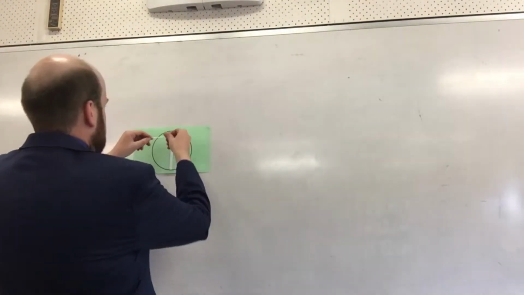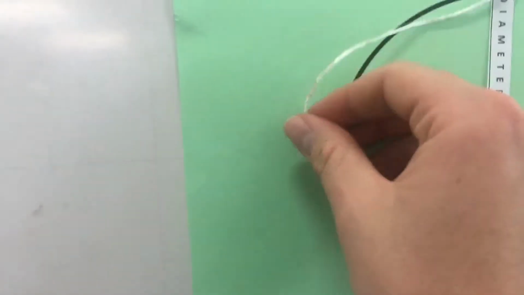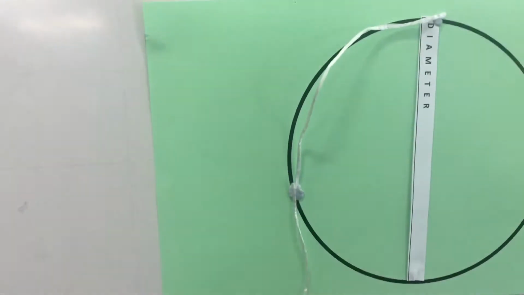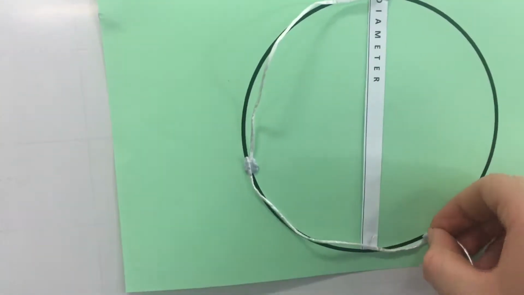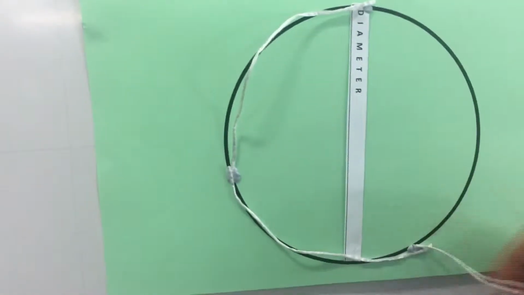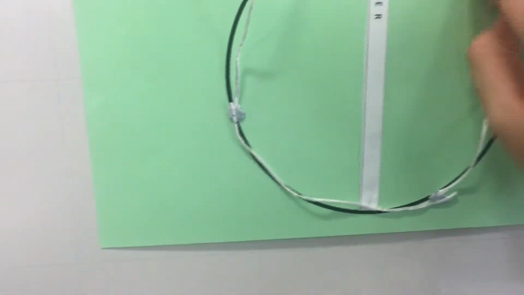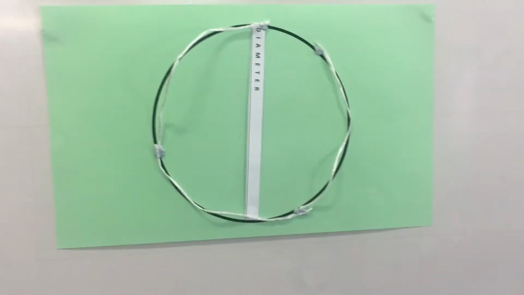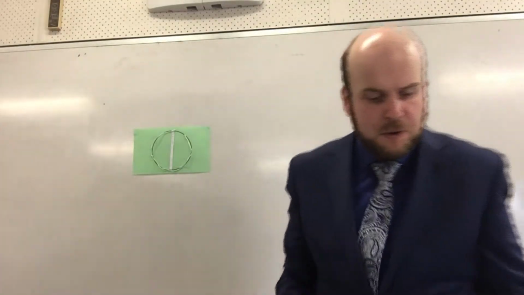So what I'm going to do is take some string, move it around the circle. How many diameters fit around the circle? And what we'll find, once I've got all this business, now you might notice that I've got a little bit left over.